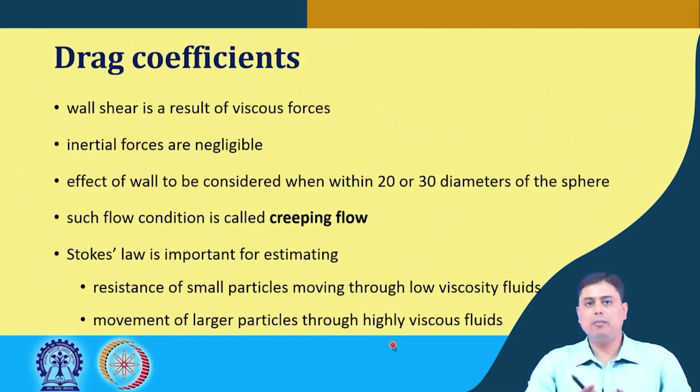So that is a combination of small particles and low viscosity fluid, or if it's a larger size particle, then a highly viscous fluid, because if you look at the particle Reynolds number carefully, it has the diameter d at the numerator, and at the denominator you have the viscosity mu. So this has to be adjusted to achieve a particle Reynolds number value much lesser than 1.